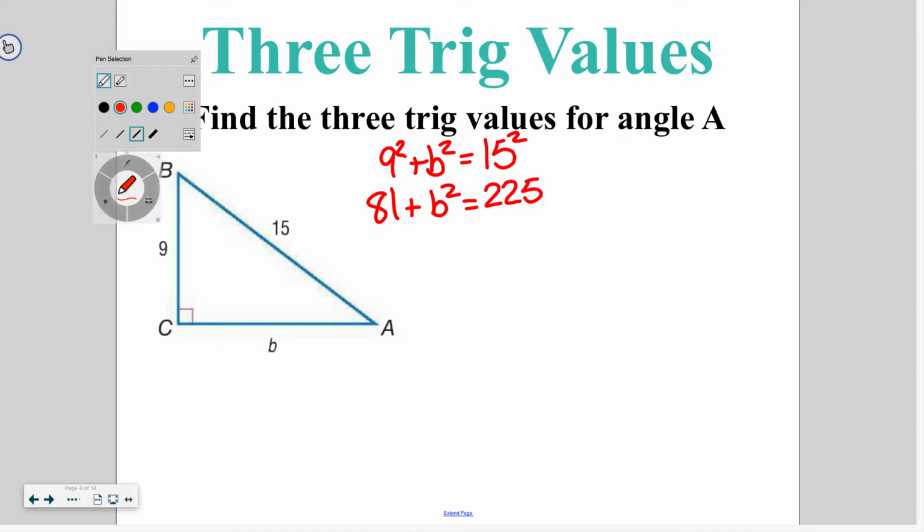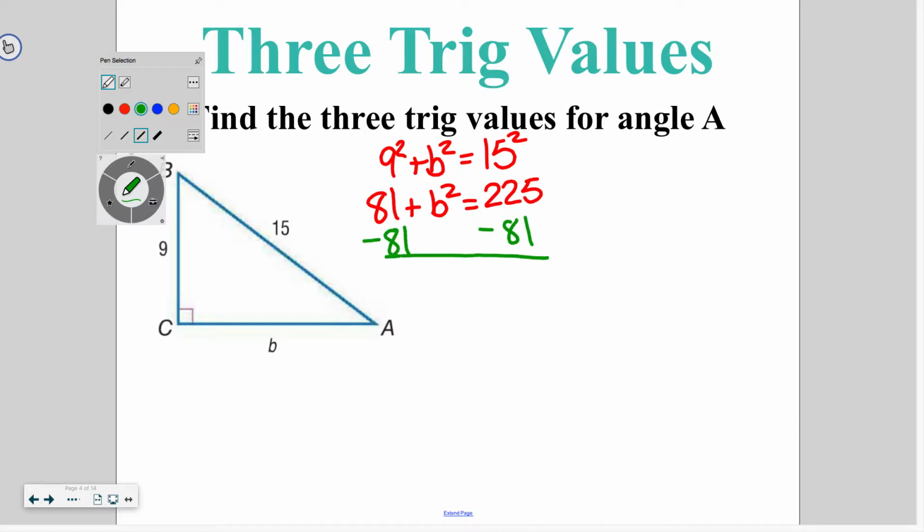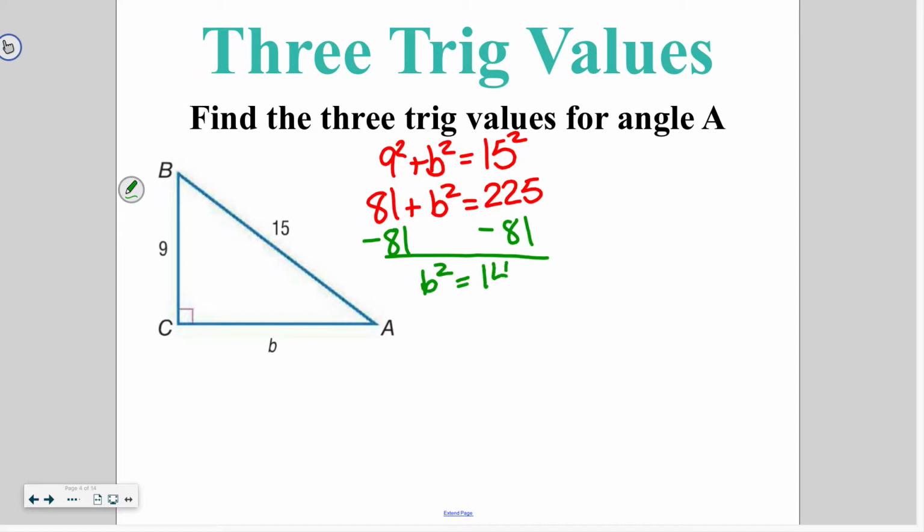I'm going to go ahead and subtract 81 from both sides in order to continue solving for b. So I get that b squared is equal to 144. Taking the square root, I get a value for b of 12. So that last side we have is 12.